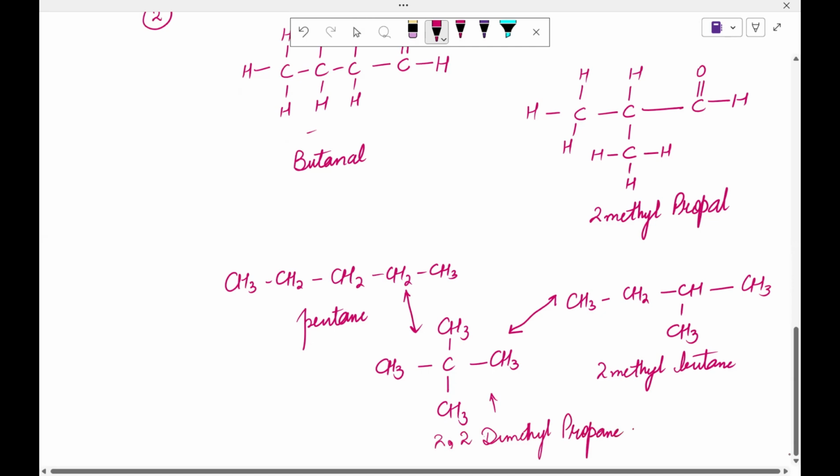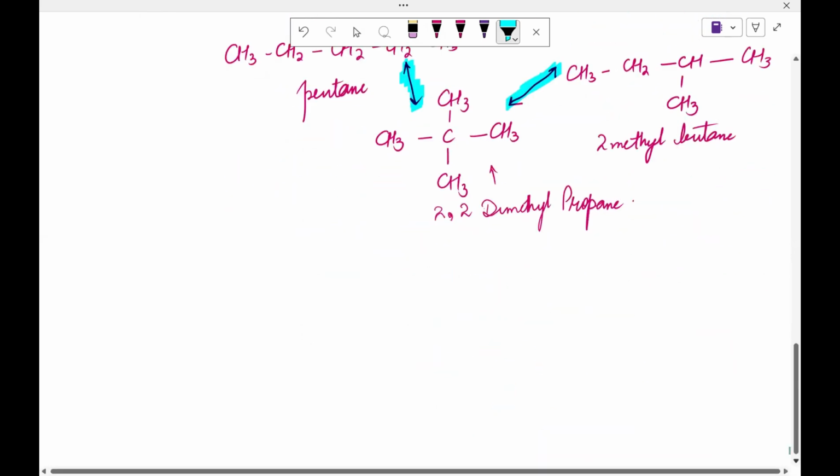So they all are basically examples of chain isomer. In chain isomer, the arrangement of carbon atoms on the chain is different. Now, let's move further towards position isomer.